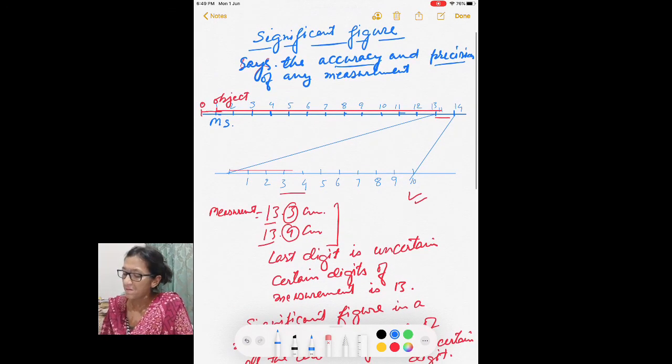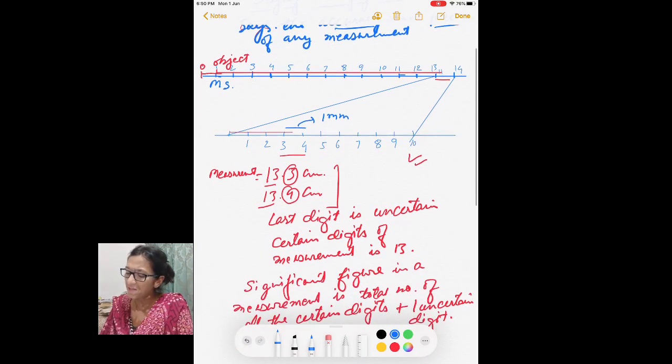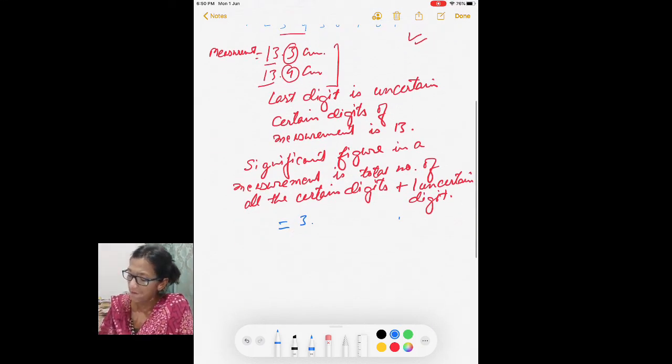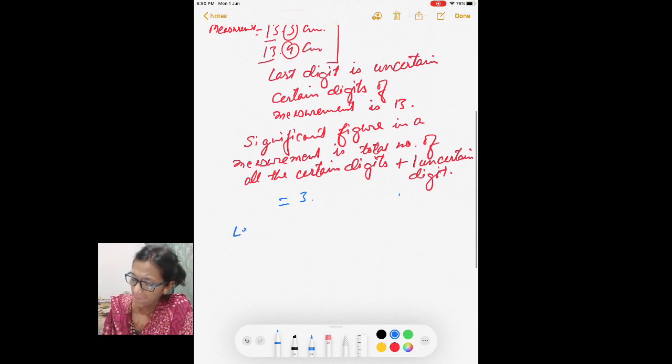Now look what happens. Here this stretch between the 3rd to 4th small subdivision is equal to 1 millimeter. And this is called the least count of meter scale, the smallest length that can be measured, or the smallest magnitude that can be obtained with the help of any measuring device is called its least count. So let me first of all write down least count.